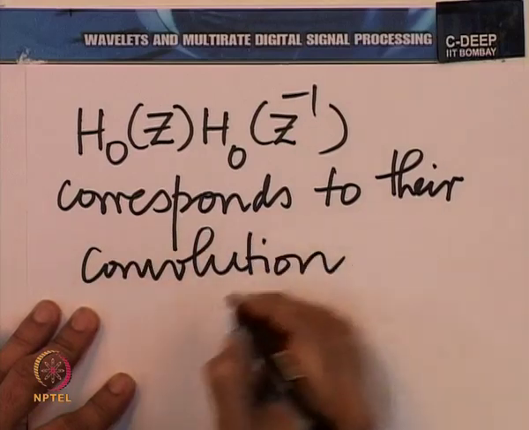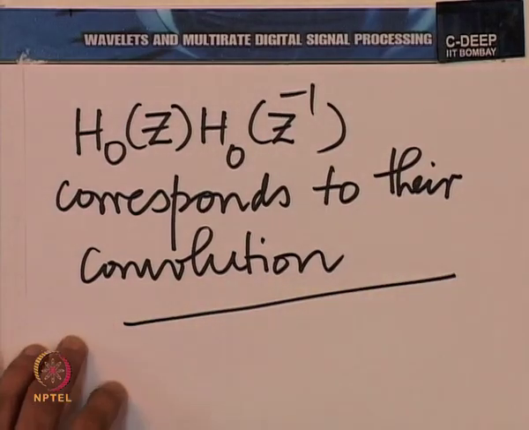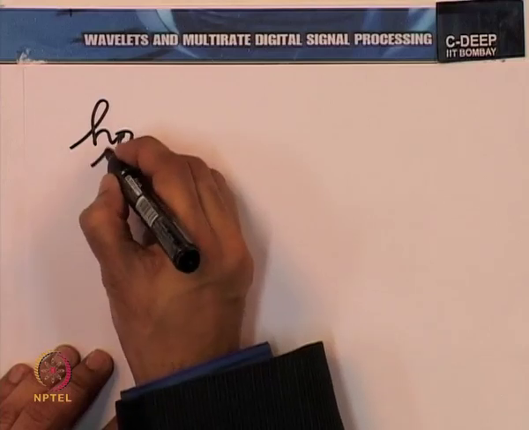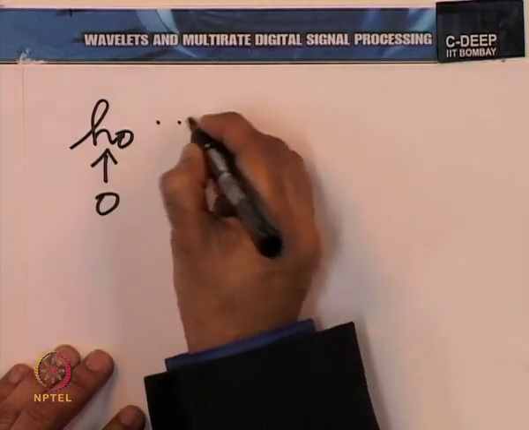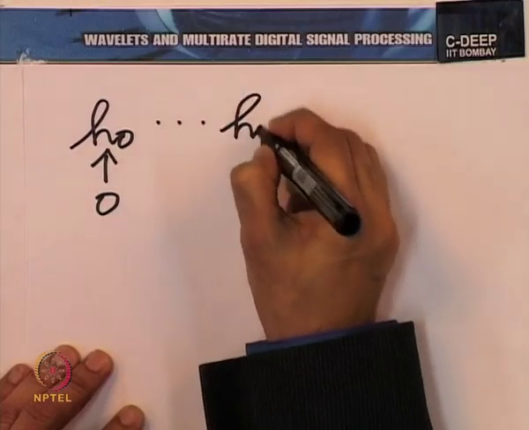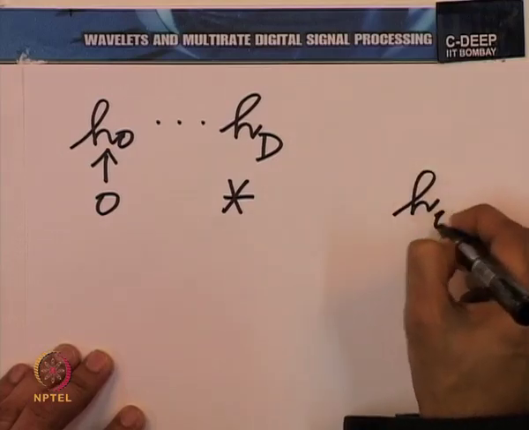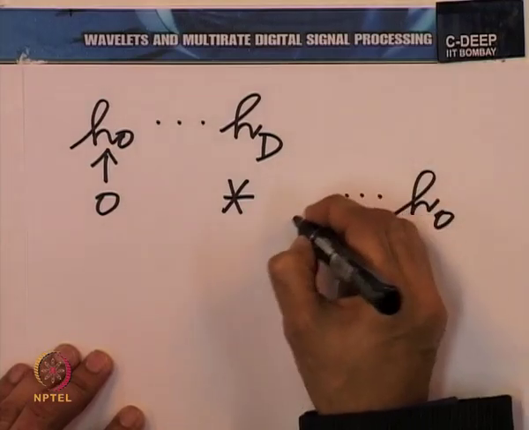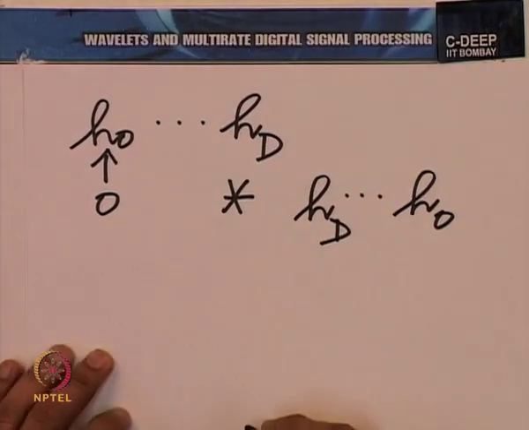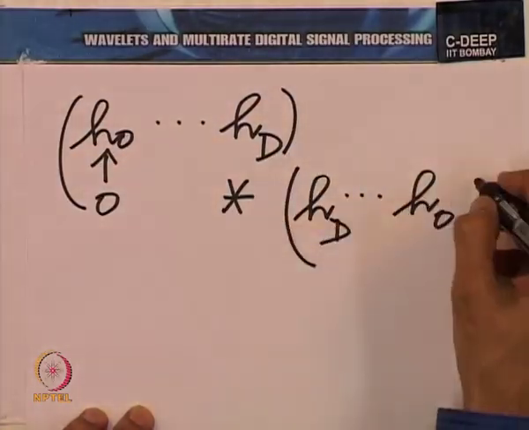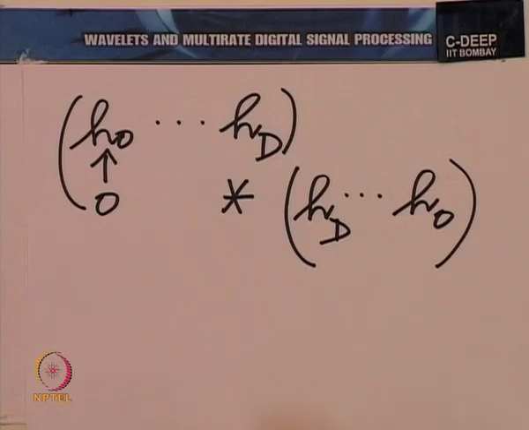You know, when you multiply two z transforms, the corresponding sequences are convolved, and therefore, we have this convolved with this. Maybe I should put parenthesis here and indicate the 0 clearly there.